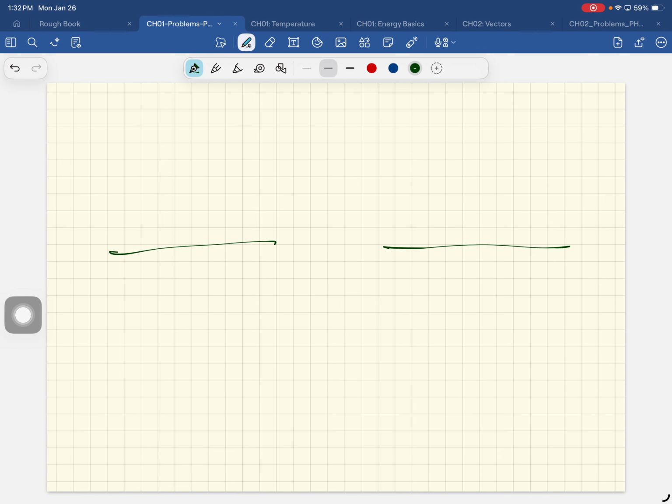Here's the mass of the person, here's the specific heat, and we'll treat people like water. So that's 80 kg. Specific heat is 4,186 joules per kg per degree Celsius. And you want to cool this person down by 3 degrees Celsius over a period of 30 minutes.